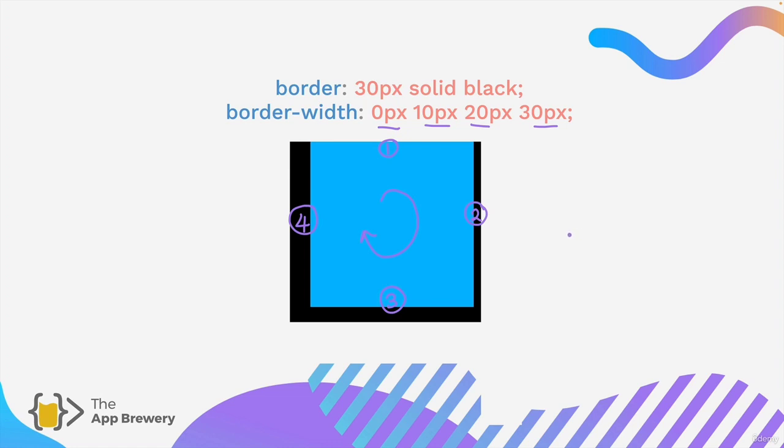And what that does is it sets 1 and 3, and then it sets 2 and 4. For example, if my border width I had set to 0 pixels and 20 pixels, then what that would do is it would set 2 and 4, which is the left and right, to 20 pixels, and then it would set 1 and 3 to 0 pixels. This then becomes top and bottom. And then we've got our left and right.